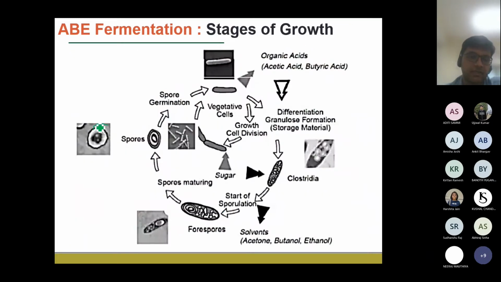We have discussed in several of our classes that some microorganisms form spores, and because of spore formation we need to make some change in the fermentation media components, so that the spores can easily disperse within the fermentation media or the bioreactor.